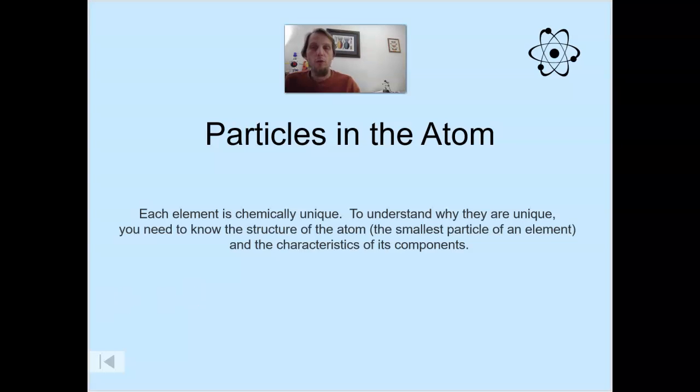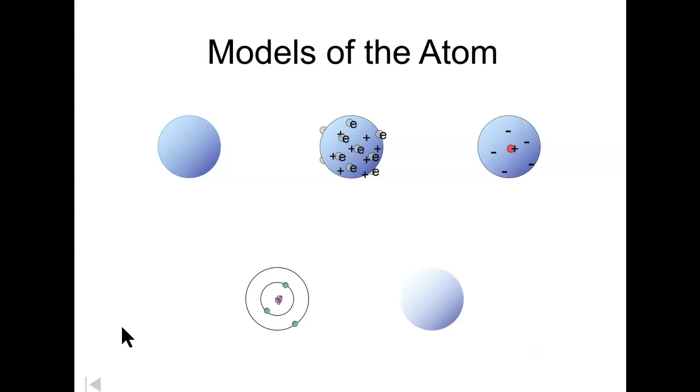All right, so I'm going to go on to the next slides, and I'm going to remove my pictures. Models of the atom. What we're going through right here is a progression that goes back as early as 400 BC, that something existed. We kind of imagine that to be a sphere.